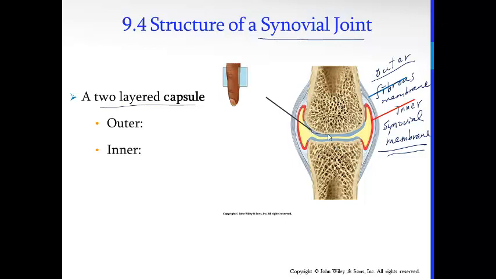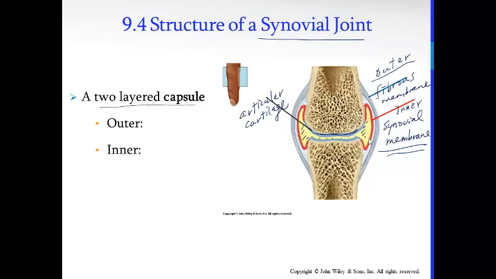And right over here, this region, remember from the outer region of your bone, is your articular cartilage. This region provides support as well as reduces friction.